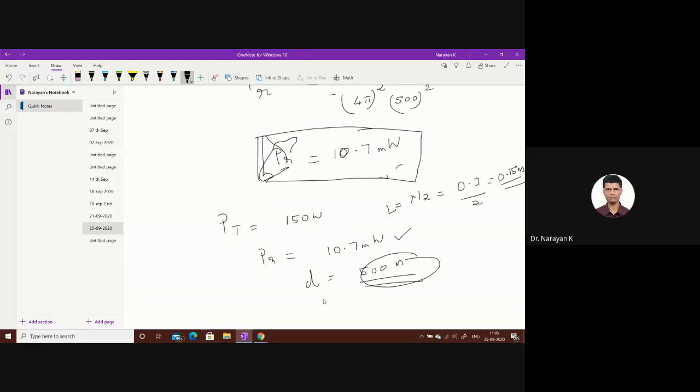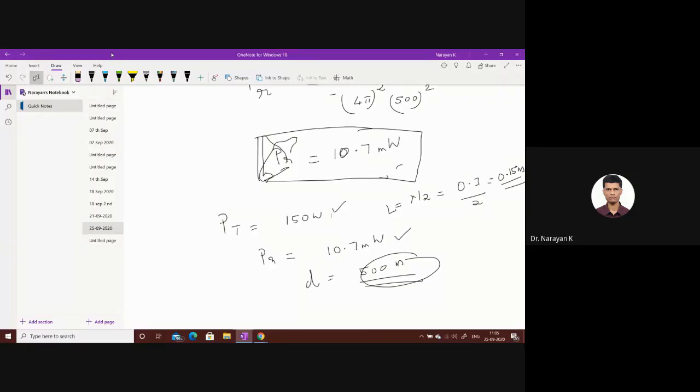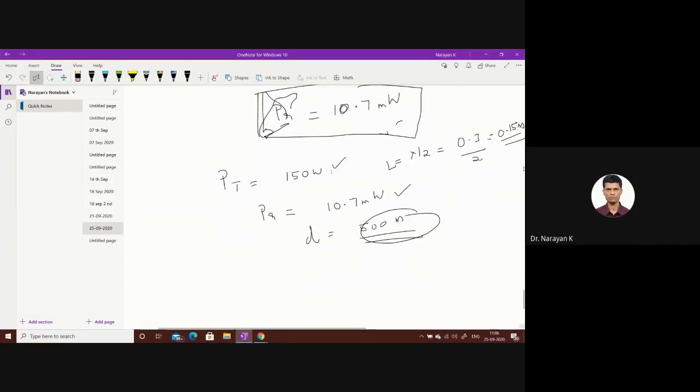So what is the transmitted power? 150 watts. What is the receiving power? 10.7 milliwatts. So from watts it has gone to milliwatts. When you are at a very long distance, the signal will deteriorate very sharply.